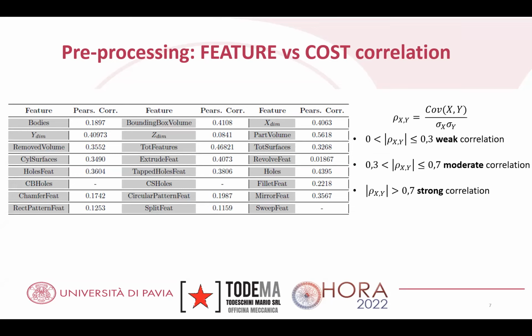So in order to have some information, we performed a correlation analysis between all the available features and their related cost. We used the Pearson correlation coefficient, and this table gives us information about this relation, and as expected, the relation between the cost and the available features is a nonlinear relation, and this is a further confirmation of the need for a data-driven application.